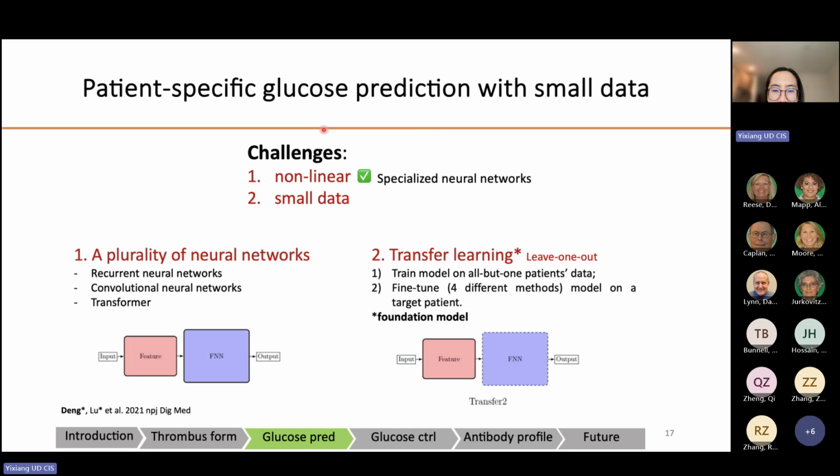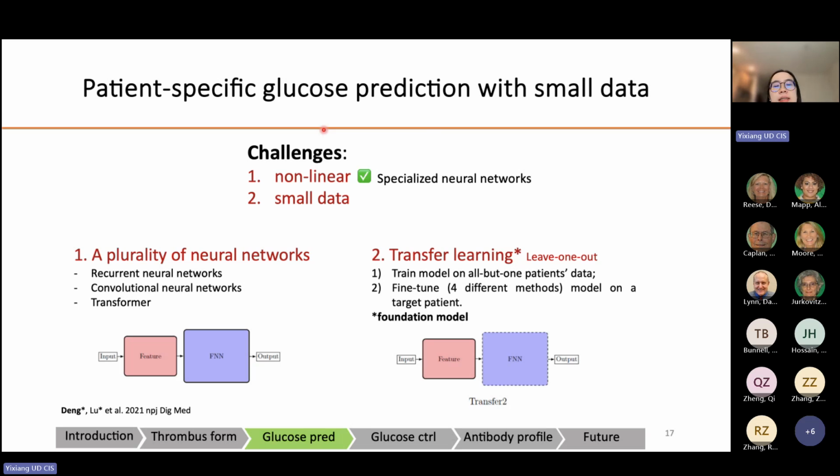The following steps are in this transfer learning. First, we train a pure model on all but one patient's glucose trajectory data.